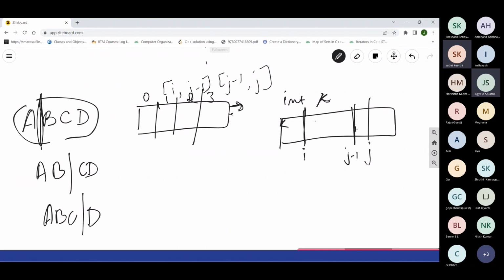And then for all possible splits, you will calculate the cost of multiplication, and among those splits, you will find the minimum, and that will be the answer. So we will start with a function which will take two integers, I and j, and the array that stores the dimensions of the matrices.